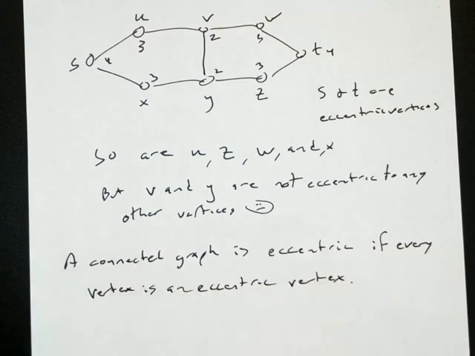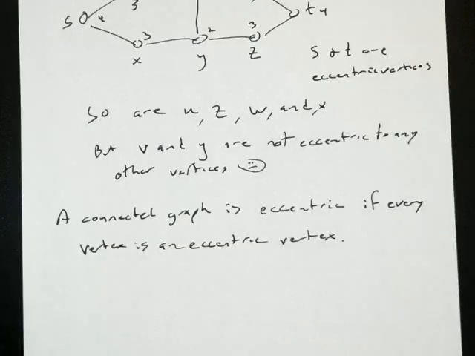If every vertex is an eccentric vertex, I have an eccentric graph. Otherwise, I can induce a subgraph made up of the eccentric vertices.